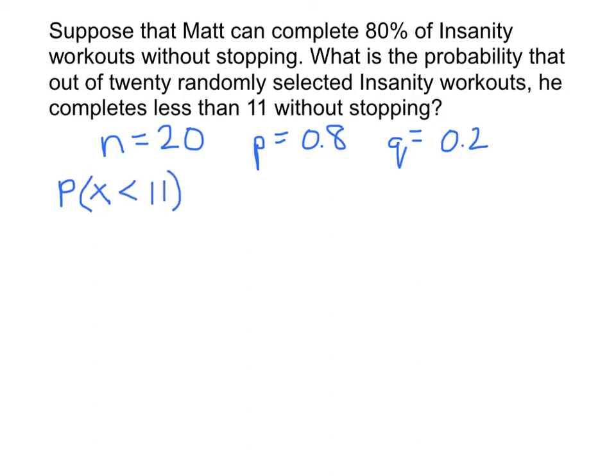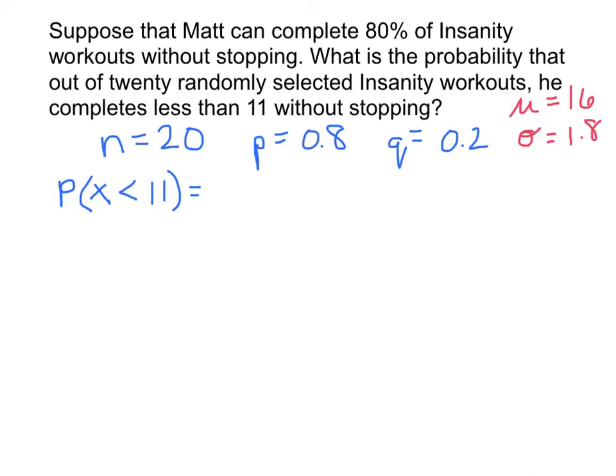Before we compute this probability, remember we expected the typical number of times out of 20 that he would complete the workout to be 16, that's our mean. And our standard deviation, I can't quite remember, but I think it was around 1.8. Yeah, it was 1.8. So we expect Matt to complete typically 16 workouts, give or take, 2 of them here or there.